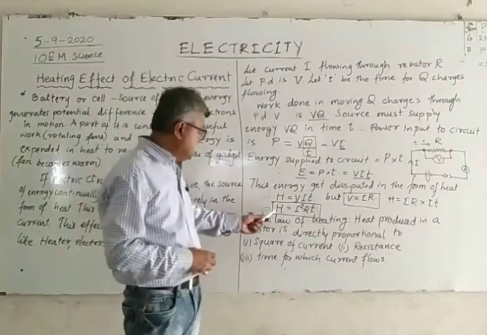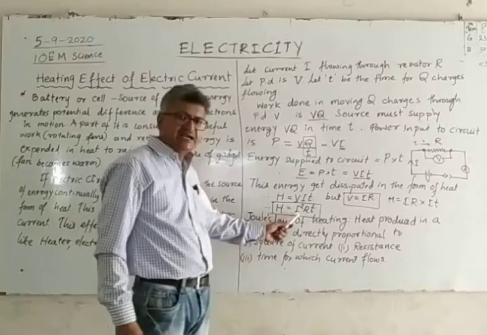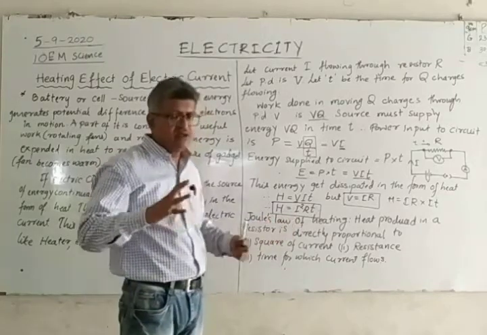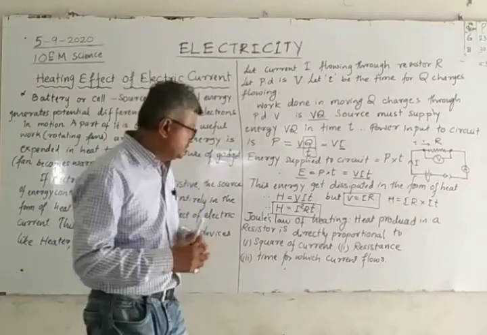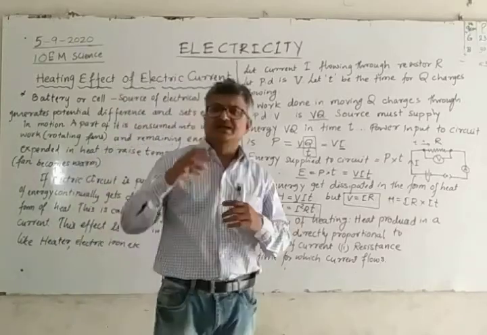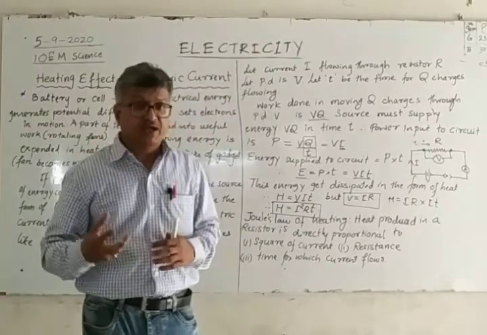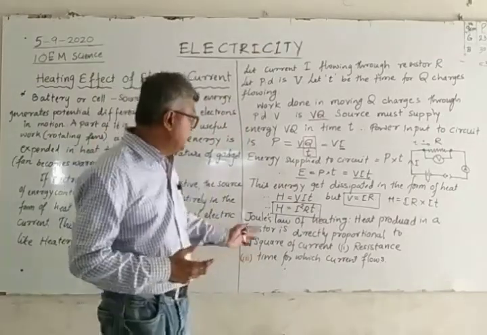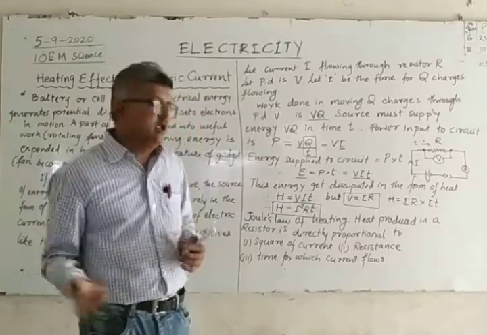H is equal to I square RT. H depends directly on the current flowing through it. If more current is passed through it, more heat is produced. And it is directly proportional to resistance R. If you take high resistance, high heat is produced. And time t, if you pass the current for more time, more heat is produced.